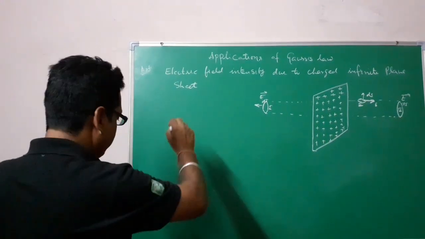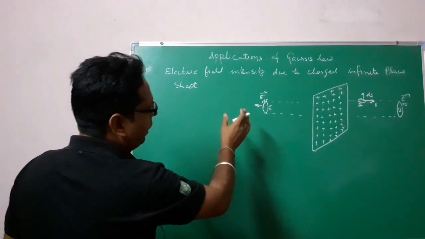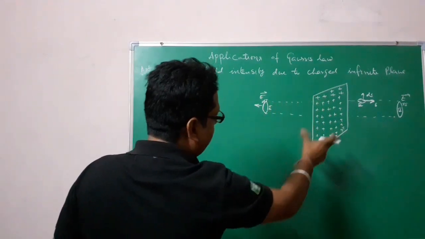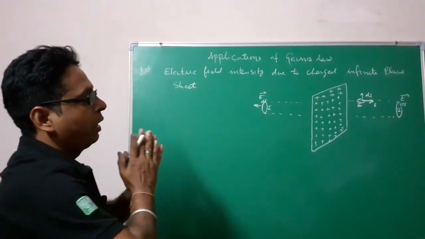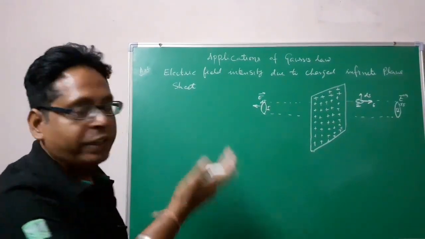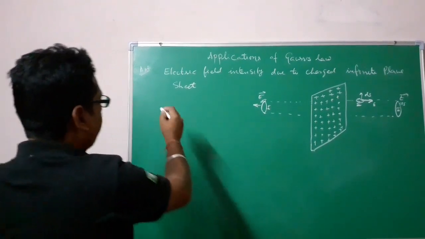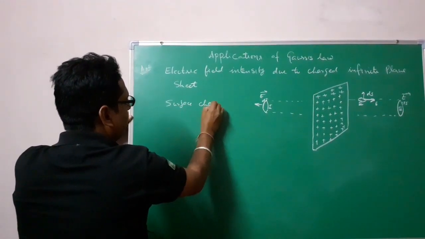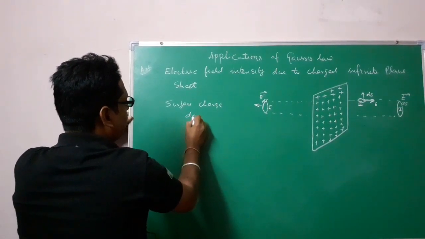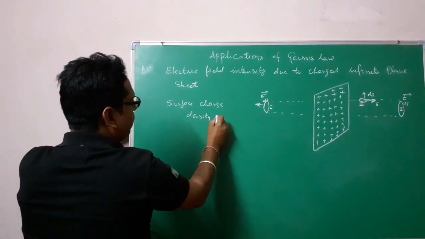Moreover, since I have distributed charge over a surface, we will take here the surface charge density. Surface charge density is denoted by sigma.